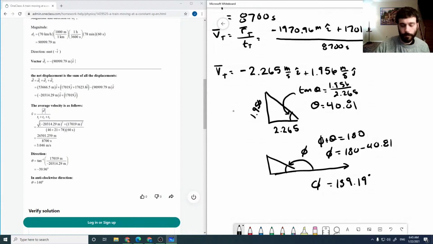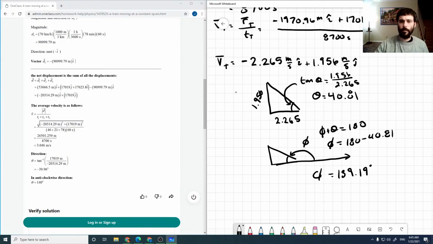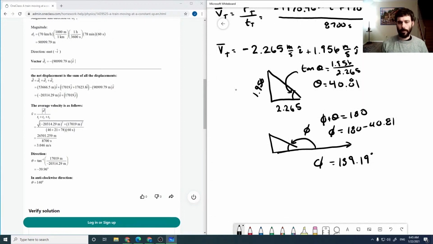I would say that's average speed, but if I'm going to do the magnitude, I can do that as well. So my magnitude of my velocity would be the square root of 2.265 meters per second squared plus 1.956 meters per second squared.